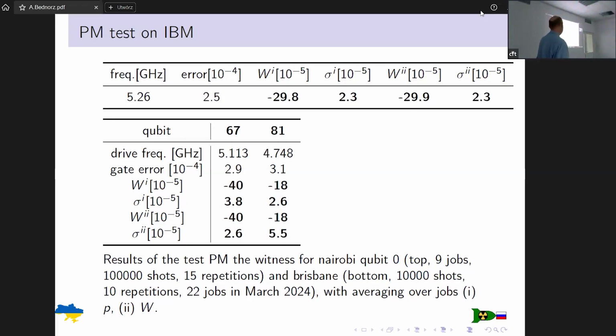They asked what we do. This is what we do. We checked whether they are qubits or not. So you easily see that this witness, this determinant, is more than 10 standard deviations.